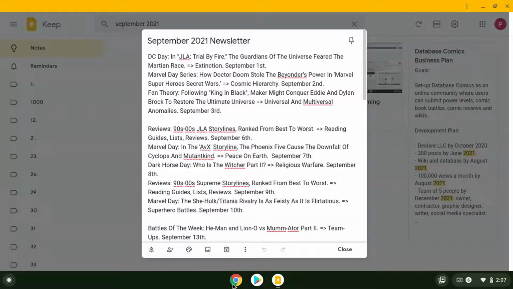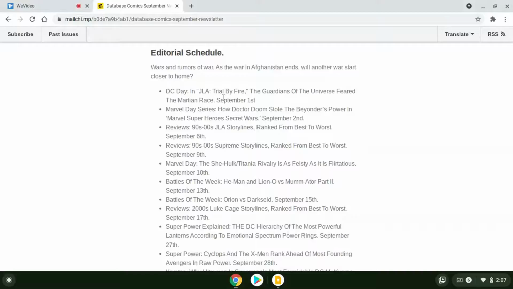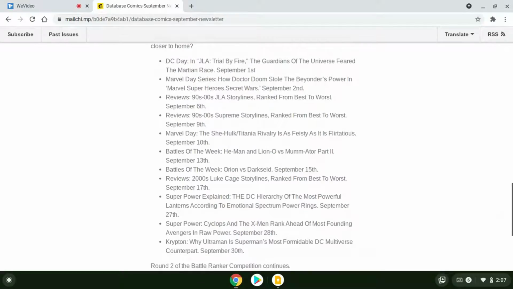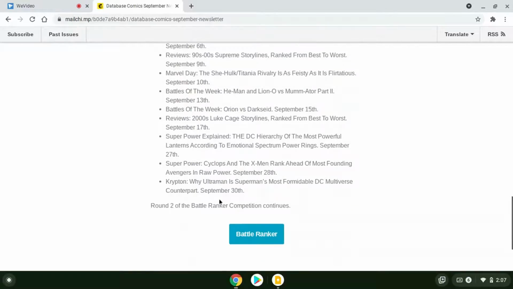It does show, okay. GLA Trial by Fire, the Guardians of the Universe feared the Martian race. So this is the editorial schedule for September 2021. And then of course the Battle Ranker, which resumes tomorrow. Round 2 resumes tomorrow. I was taking a break for Labor Day essentially.